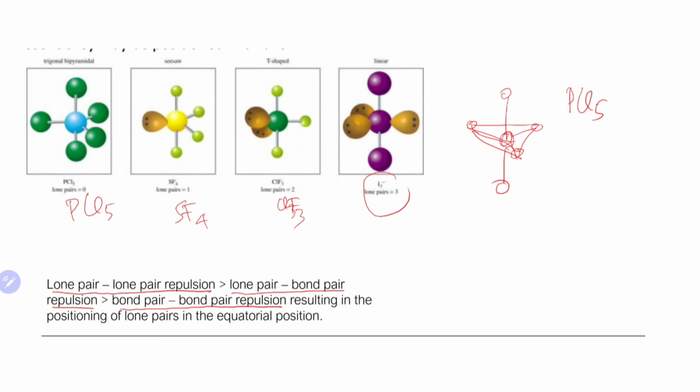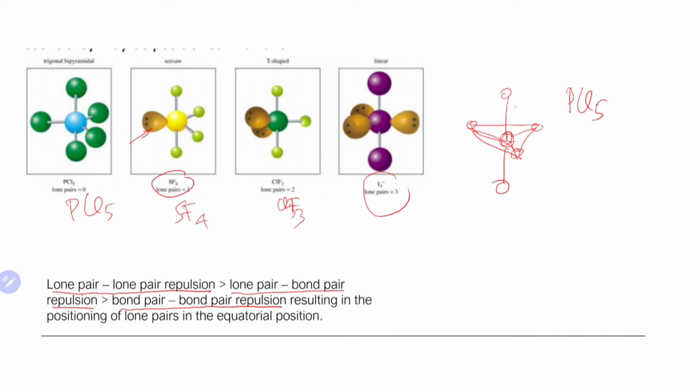Here, in case of SF4, the basic shape is the same as PCl5, but there is one lone pair of electrons in here. The lone pair has repulsion bigger than bond pair.